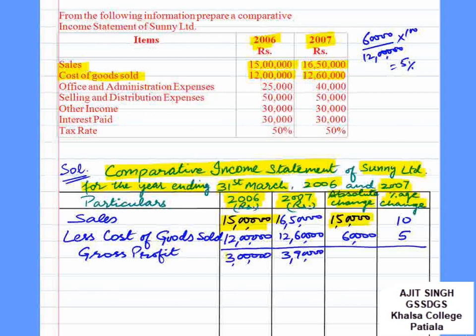The gross profit is being changed. It is increasing from 3 lakhs to 3 lakh 90,000. The increase comes to be 90,000 and percentage change is 90,000 divided by 3 lakhs into 100. That is 30%.